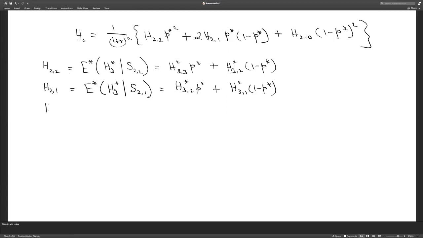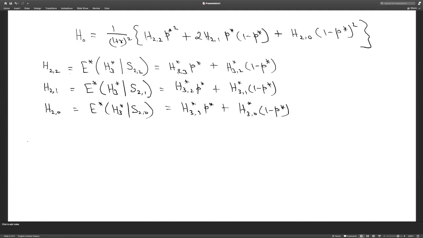And similarly, H20 is given by E star of H3 star given S20, which is equal to H31 star P star plus H30 star 1 minus P star.